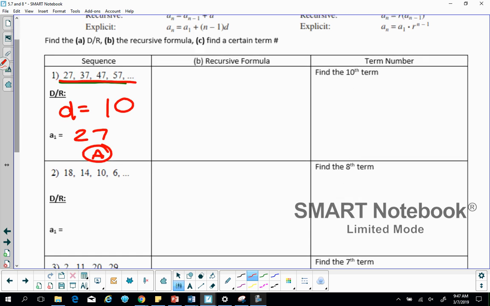Kamari, what's the second one? 1/2, right? No, 1/2. Because it's common difference. They're all common difference. Negative 4. And what's your first term? 18. So this is arithmetic. Good.